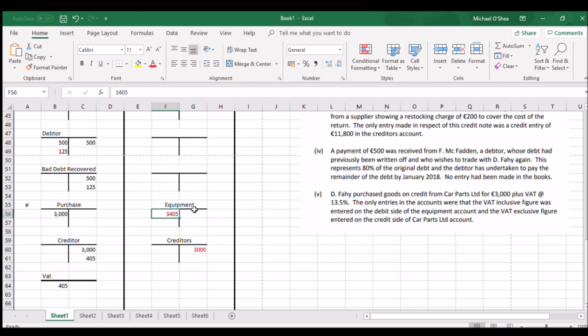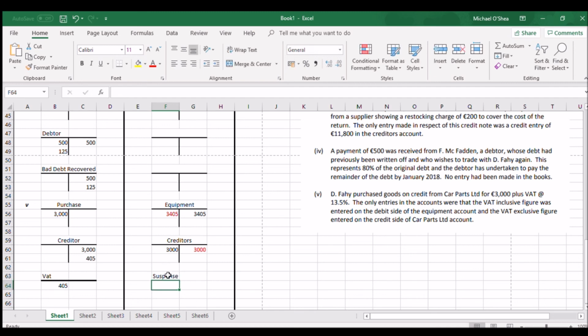Both these figures had previously been entered. So both these figures, I don't have to do anything for them. They've been entered. They're going to go in red. But I do have to cancel them. So on the opposite side, I'm going to show in black 3,405 for the equipment and 3,000 for the creditor. The difference being here is suspense.